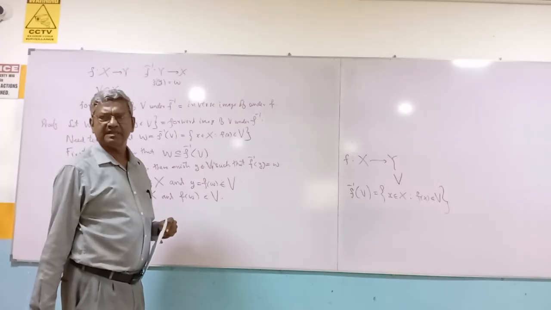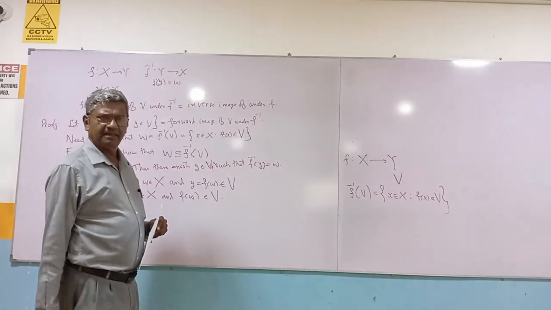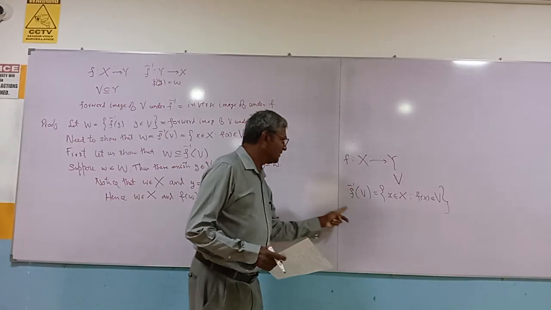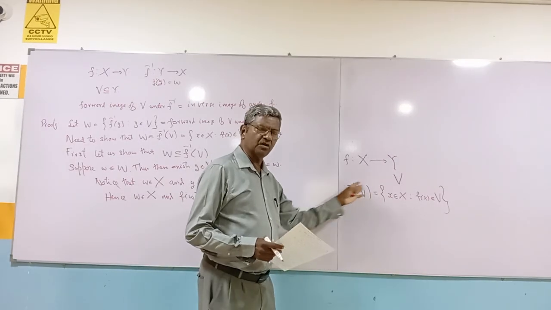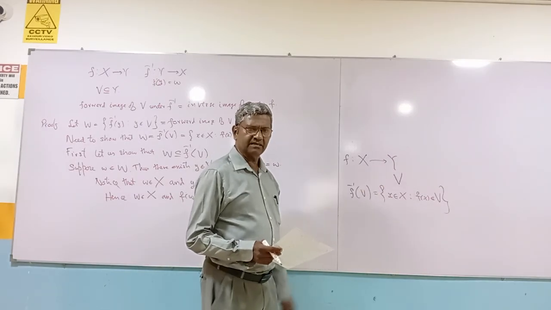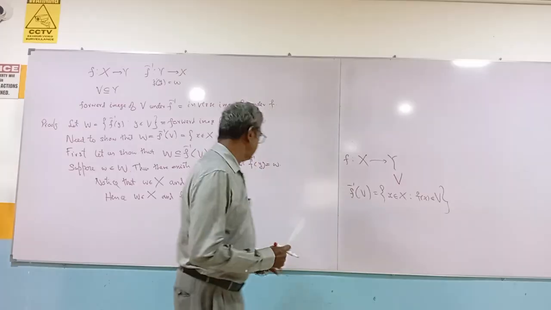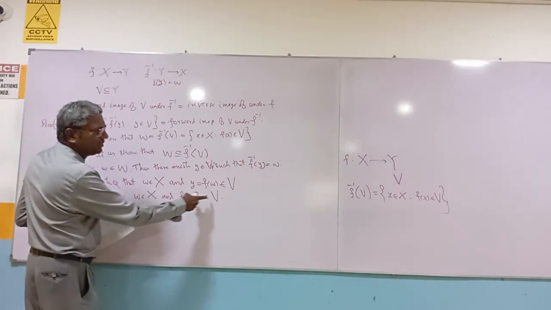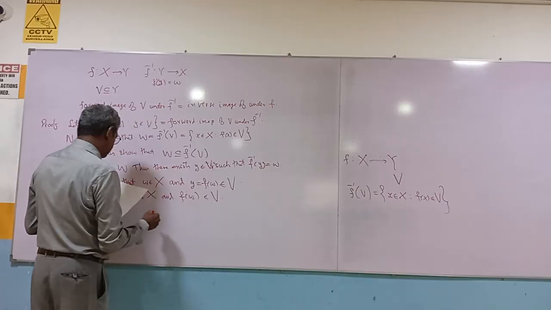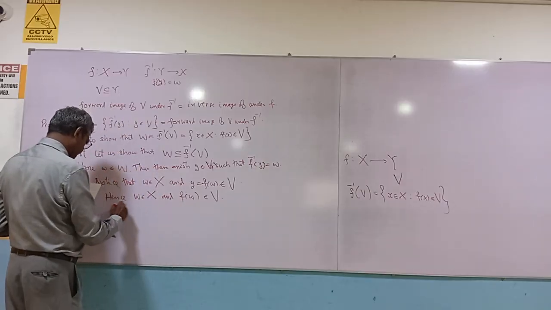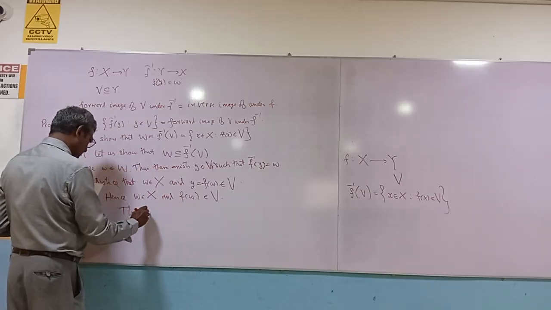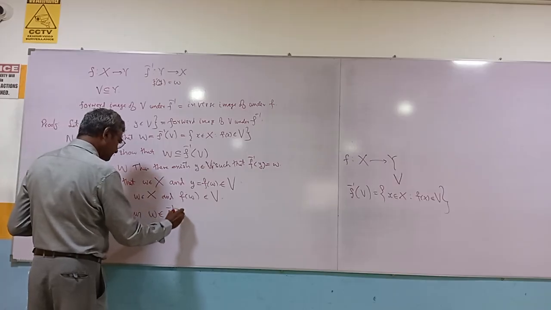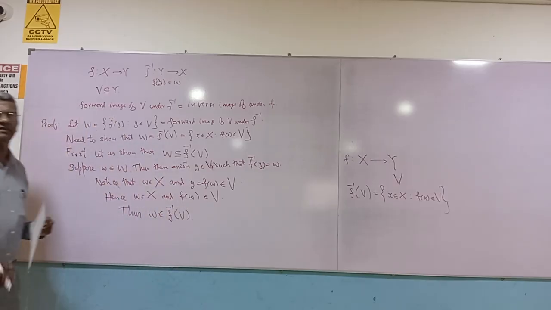This is F inverse V, as a set. This is not the forward image, this is just F inverse V. Now, W belongs to X and FW belongs to V, thus W belongs to F inverse V by the definition of F inverse V.